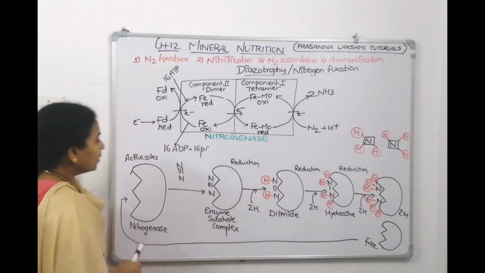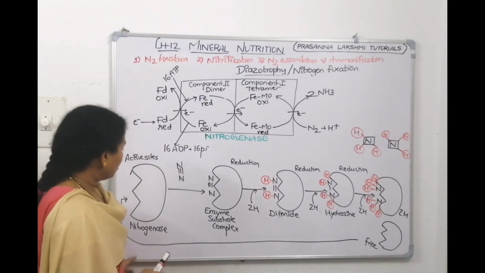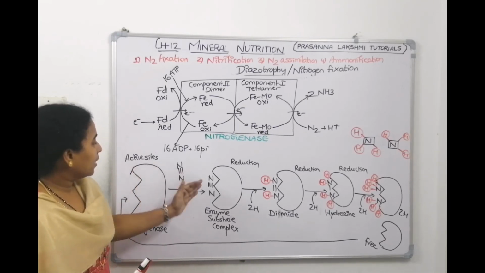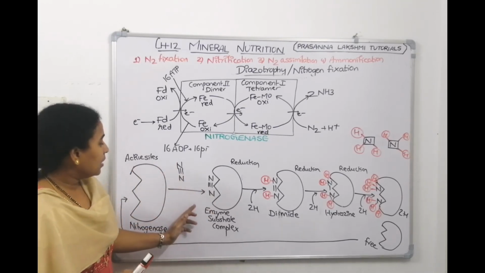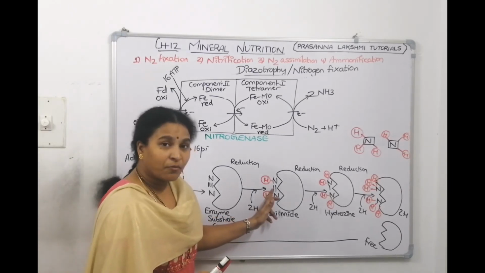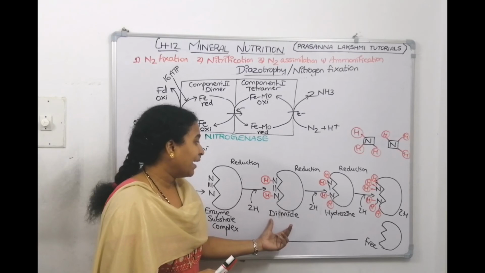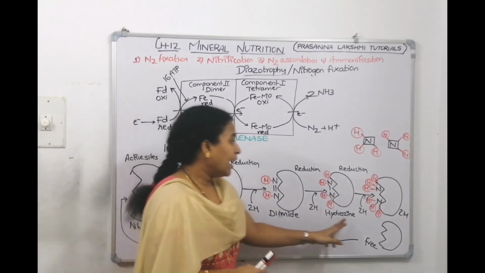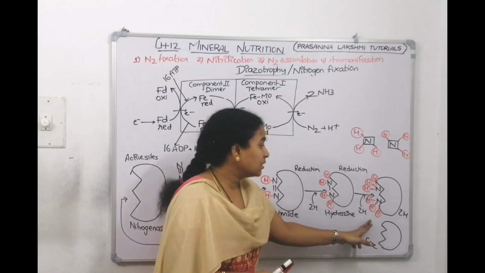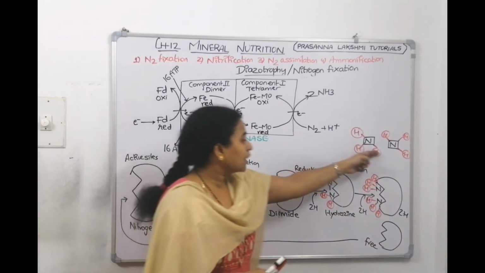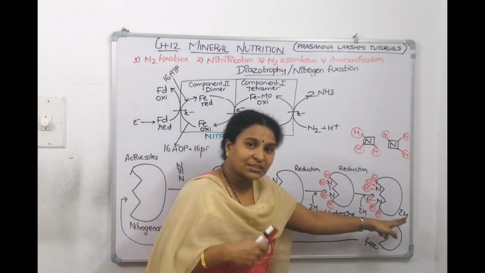In another manner, they represented this equation where this is a free nitrogenase enzyme, N2 bound, enzyme substrate complex. 2 hydrogens, one covalent bond is broken, it became diamide. 2 more hydrogens, 1 more covalent bond is broken, hydrazine. 2 more hydrogens, that single bond is also broken, 2 ammonia molecules are formed, and 2 hydrogens are still on the way.